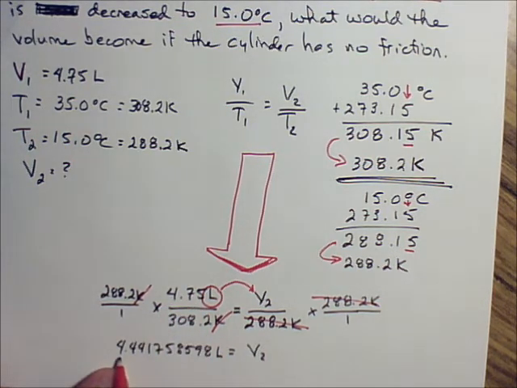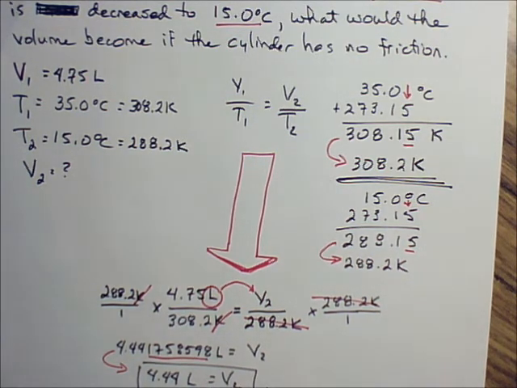So we're going to use the same number of digits in our answer. 1, 2, 3 are our significant digits. Underline everything else. Use a rounding arrow. And our final answer is 4.44 liters equals V2. Okay?